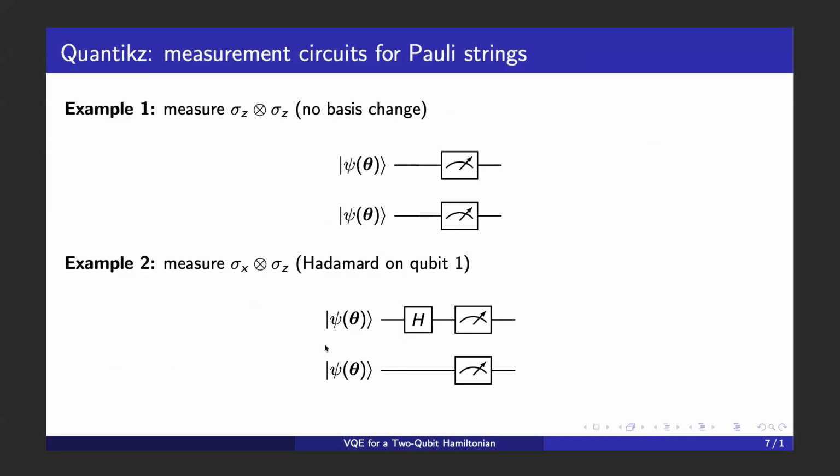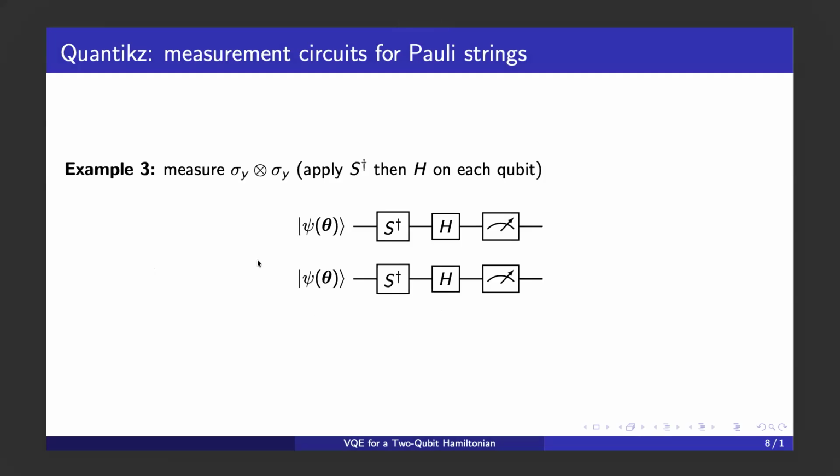For the second qubit, where we have transformed the states according to the angles, you just do the measurement, whereas here you have to perform an additional Hadamard. And the same if you have a sigma Y times a sigma Y: you would apply the phase gate and then the Hadamard gate on each of the qubits. So this is the two-qubit case.